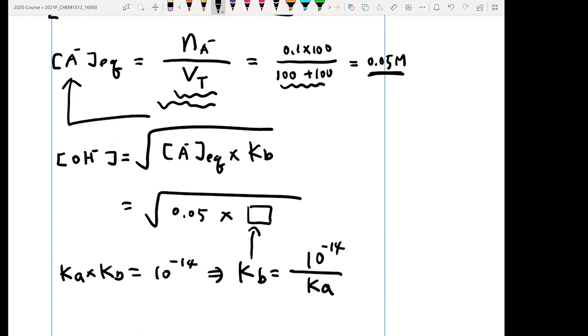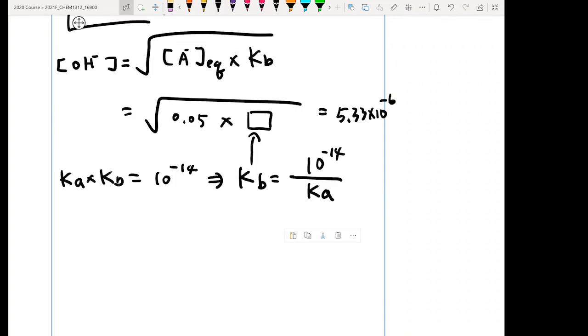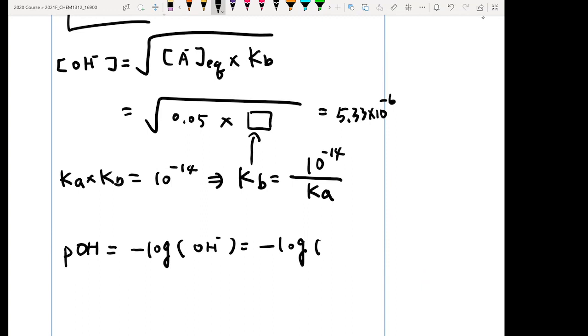Then you can calculate your OH minus concentration, which is going to give you a value of 5.33 times 10 to the negative 6. Once you have your OH minus concentration, you can calculate the pOH, which equals negative log of your OH minus concentration, which is equal to negative log of 5.33 times 10 to the negative 6.